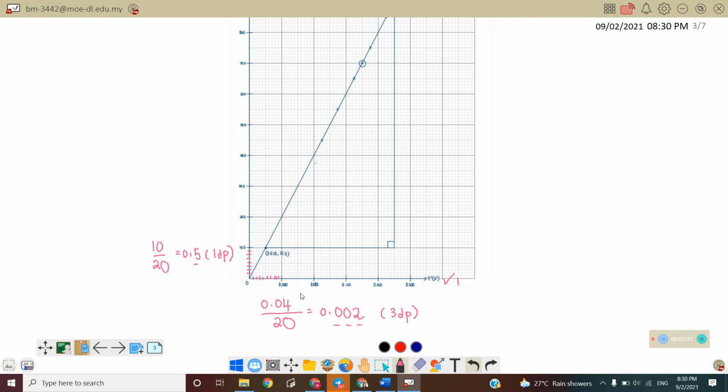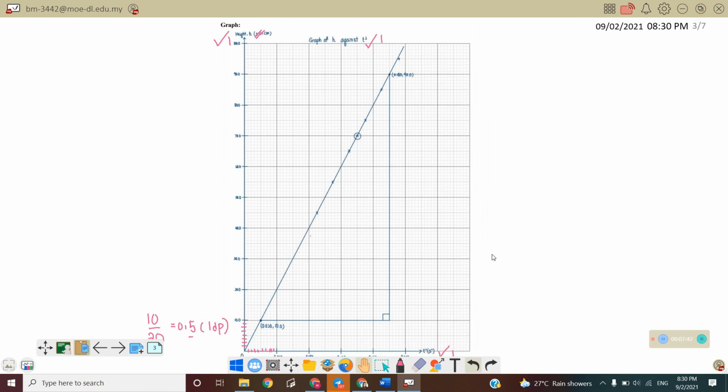Okay, next one is, we must plot at least 60% of the graph paper. So if you refer back to our graph, your graph at least must have 60% of the graph paper.